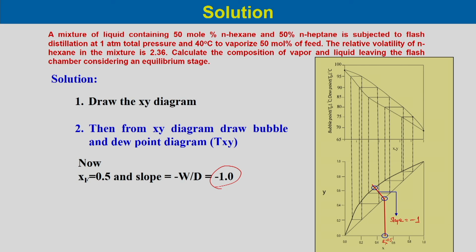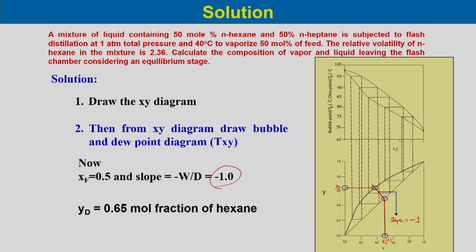So, we locate the intersection point between this line and the equilibrium curve, and then go horizontally to the y axis, where you will get YD. So, here it is YD, which is about 0.65 mole fraction of hexane. This gives the composition of the distillate.